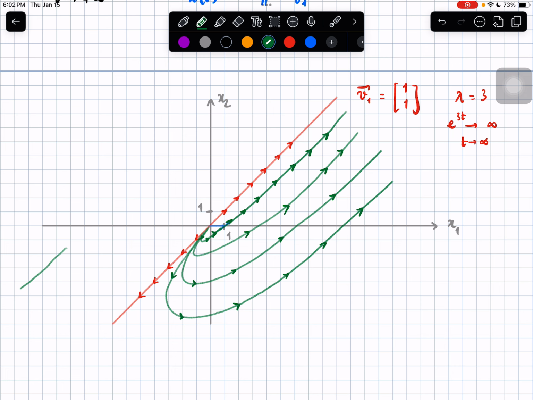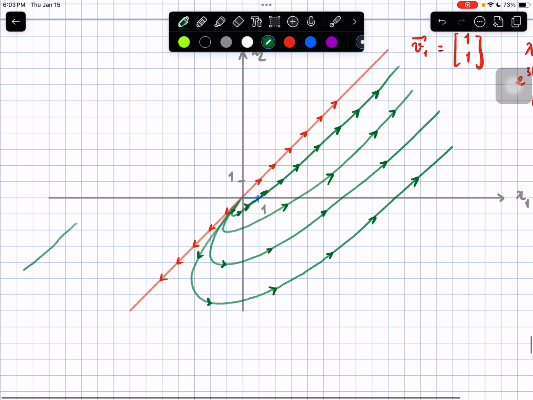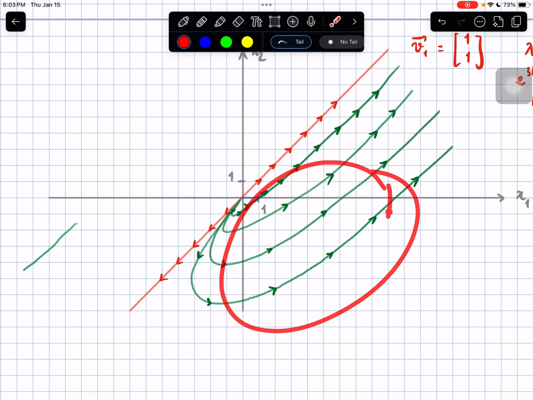And then when t is smaller, it would go near the origin here, and then off to infinity. So it is just kind of a reflection of this.